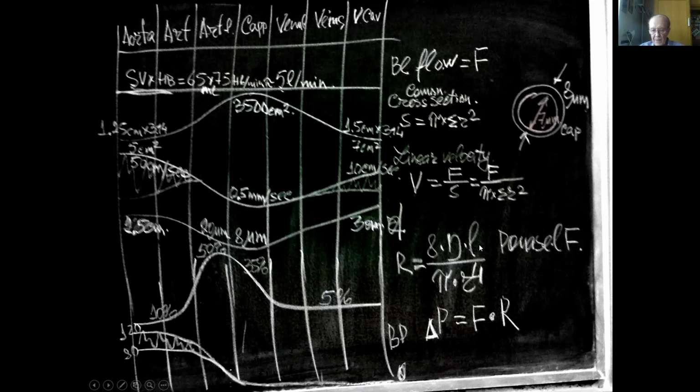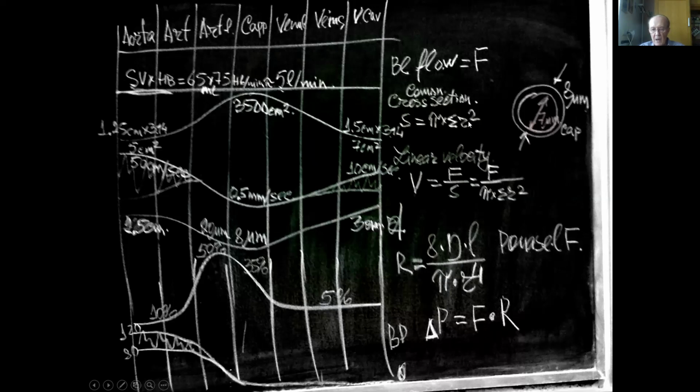This is the length, L, the length of the vessels, the length of the capillaries, the length of the arterioles, the length of the aorta, and so on. This is the figure pi, 3.14, multiplied by R, the radius.